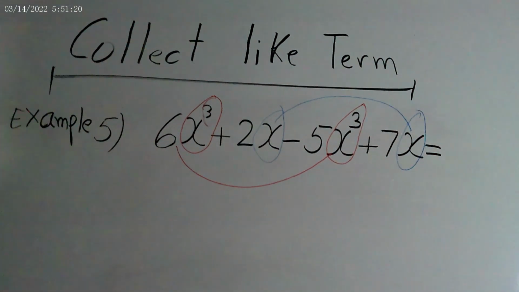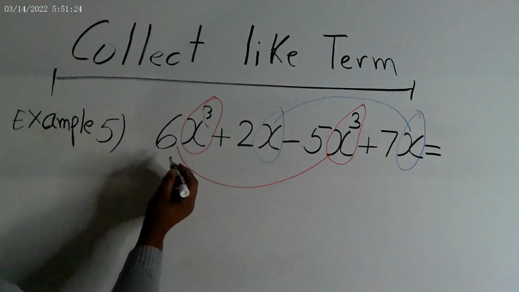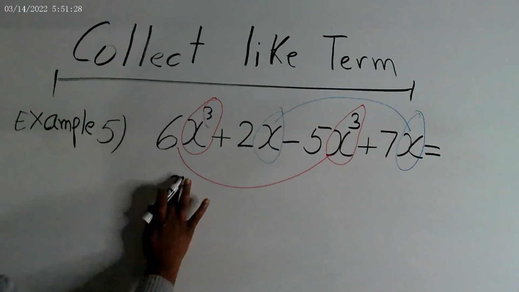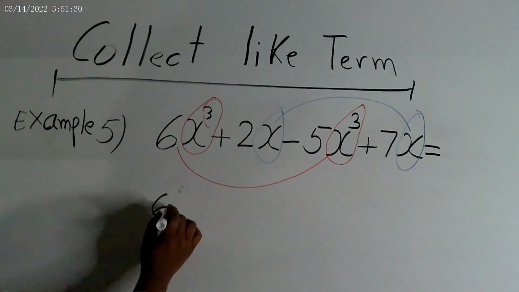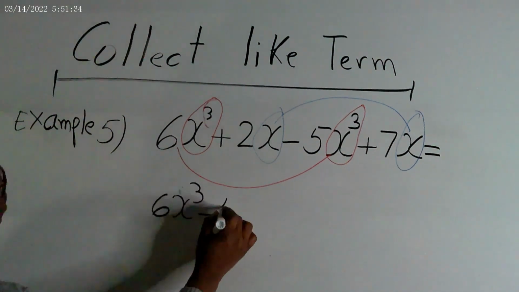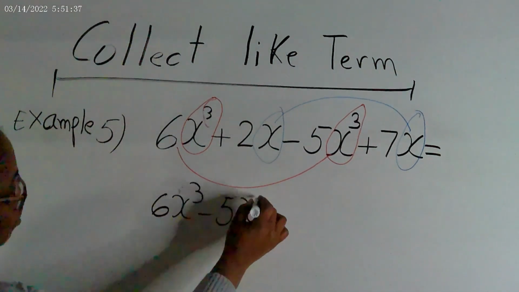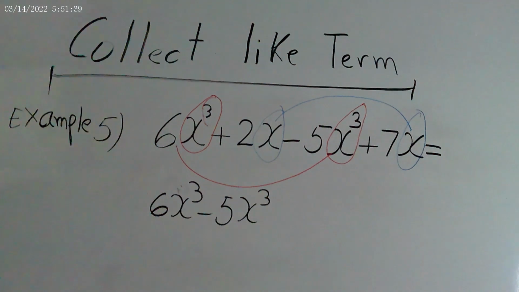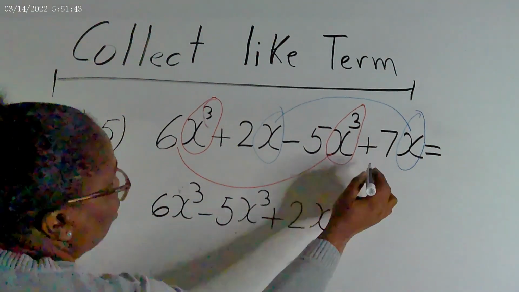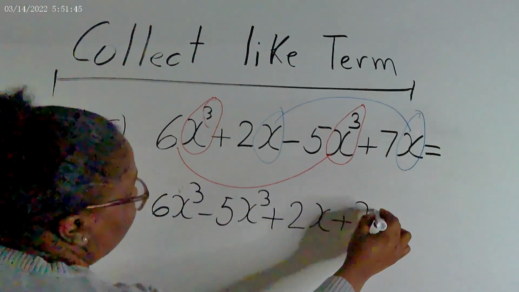That is simple. Okay. So now you have 6x cubed minus 5x cubed, and then plus 2x plus 7x.